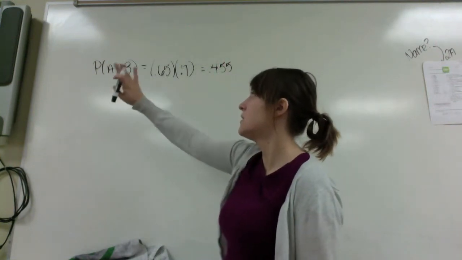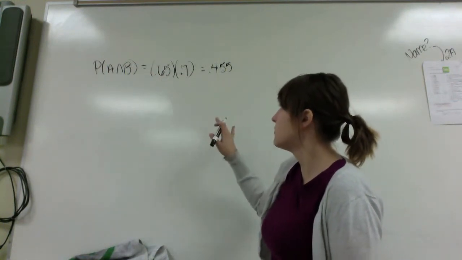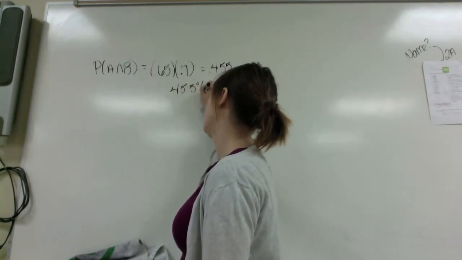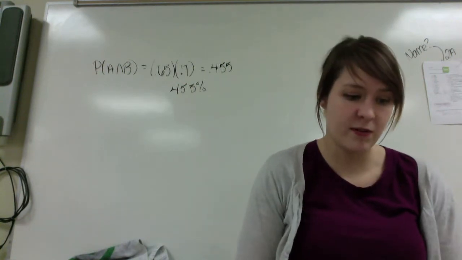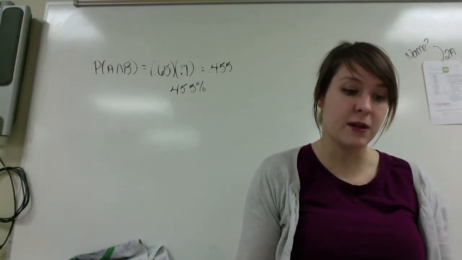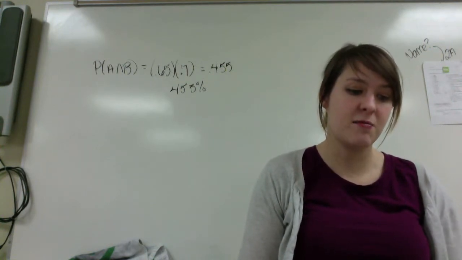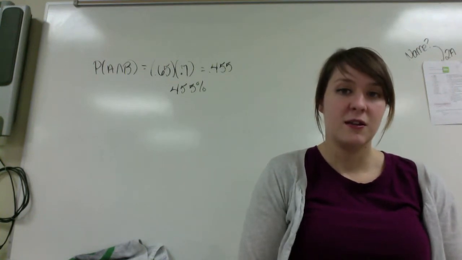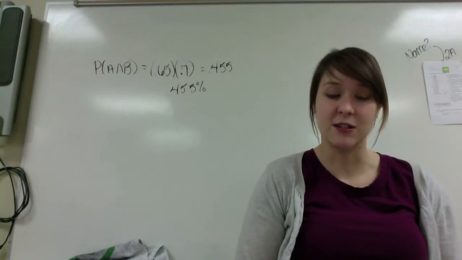So in other words, if those events are independent, that means that the intersection of those events is going to be 45.5% of the time. Okay, so he would make that shot 45.5% of the time. He would make both, his first shot 65% of the time and his second shot 70% of the time. When those would intersect, that would occur 45.5% of the time, as long as these events are independent.